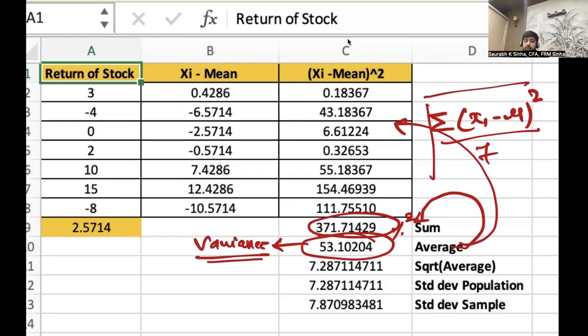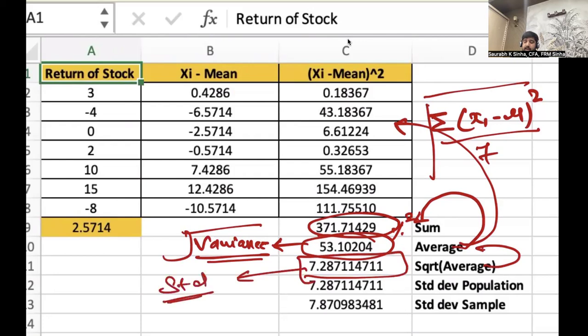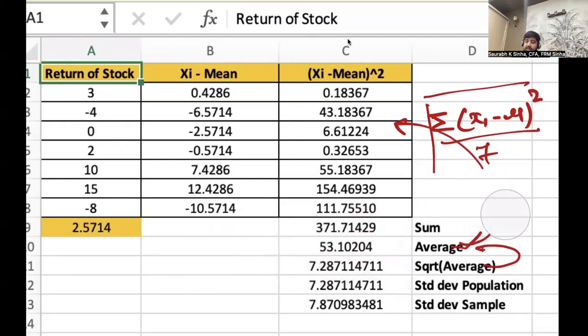If you take the square root of this variance, the square root of the average, you will get the standard deviation. In this cell I calculated the square root of the average, and in this cell I calculated the average. These are the basic sum and average functions in Excel.